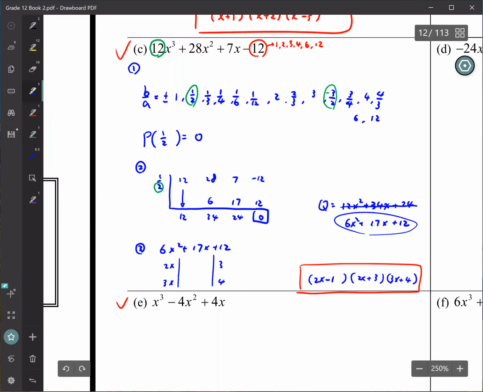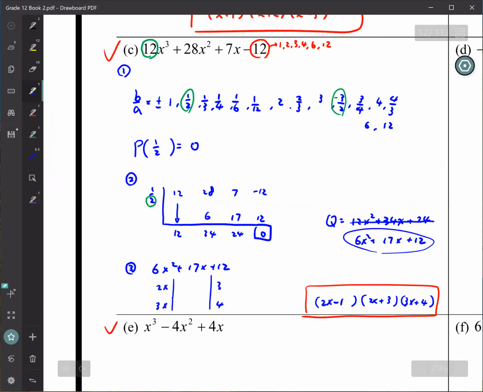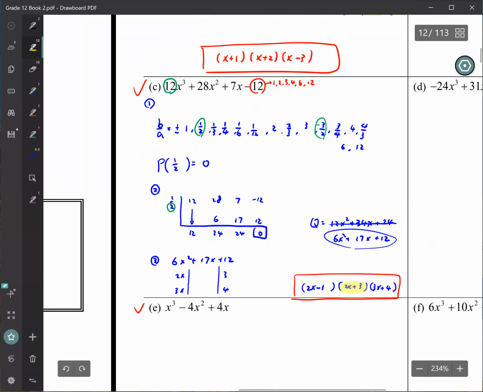Okay, so at the beginning, if you use other than 1/2, right? I think it was Cindy. Cindy used -3/2, right? So that means she found the 2x plus 3 first, and then the quotient will give you the other 2. So it doesn't matter which one you start with, your final 3 brackets are the same, okay?